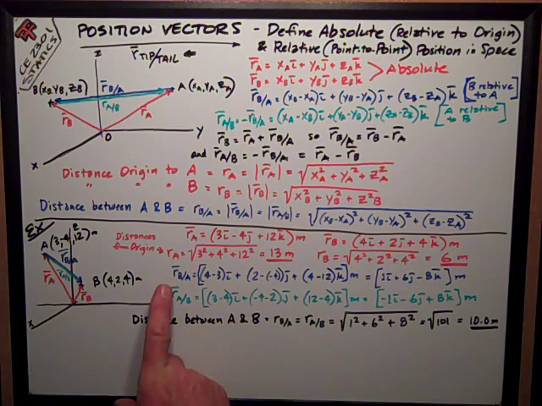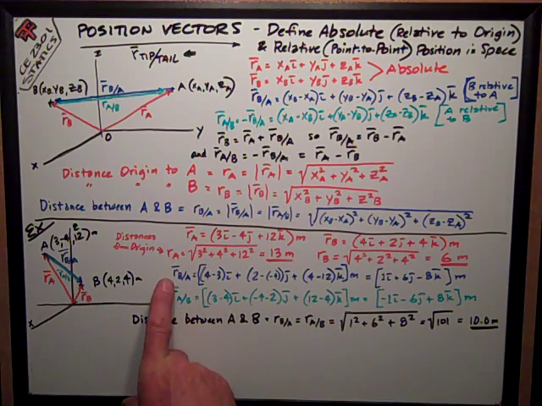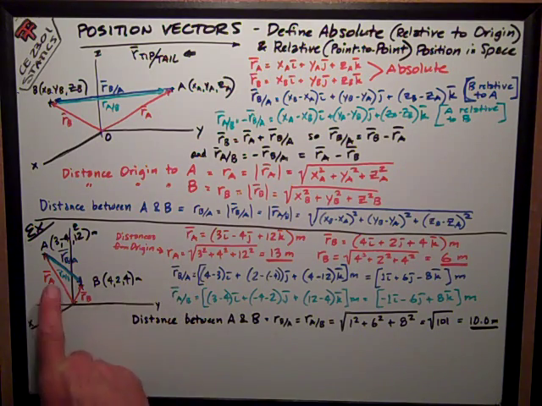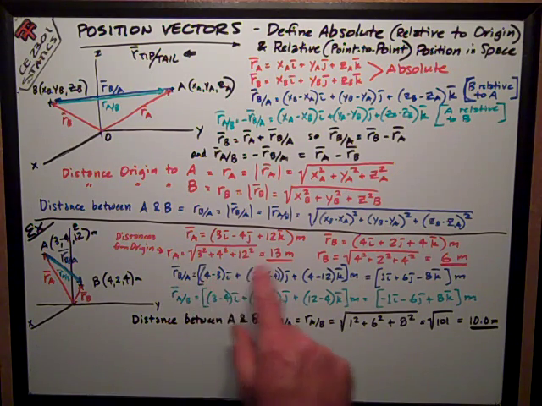Now I want to get a position vector from A to B. So we call that RBA, and that is, I subtract the A coordinates from the B coordinates.